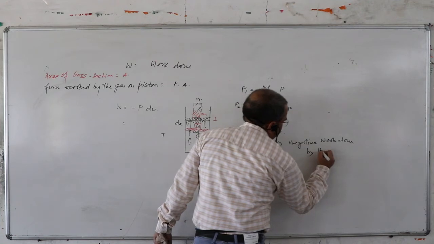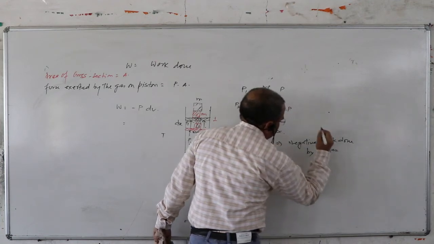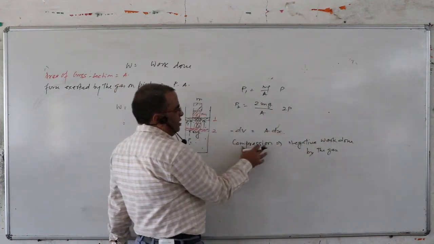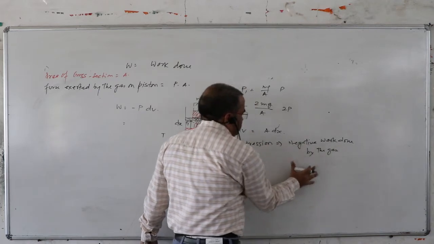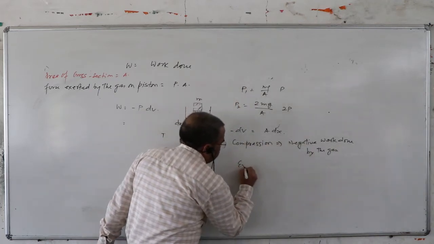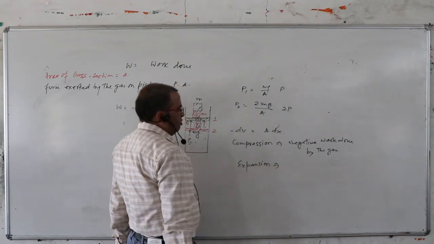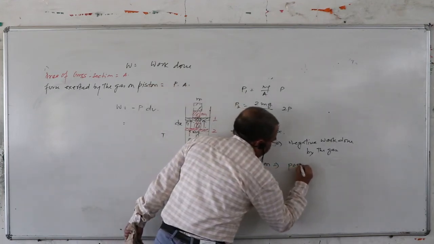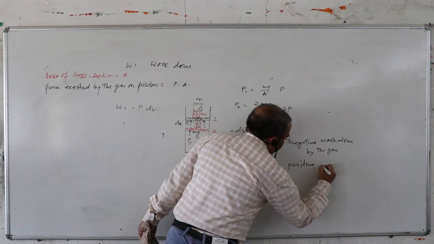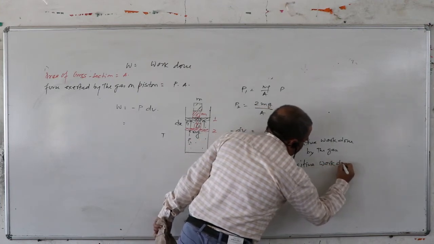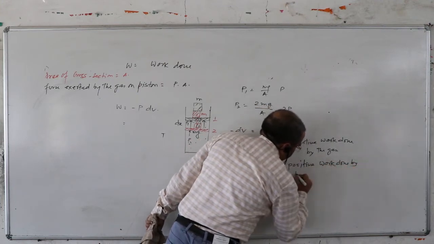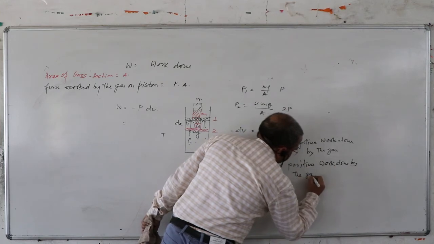In case of compression, it is said that the work done by the gas is negative. Similarly, expansion is just the opposite of that. Expansion means positive work done by the gas.